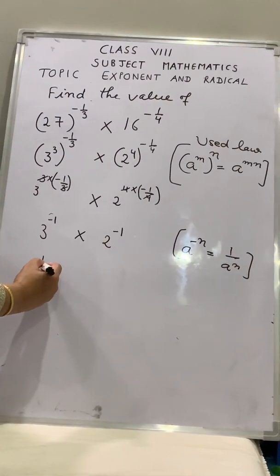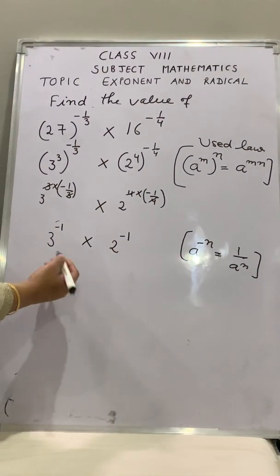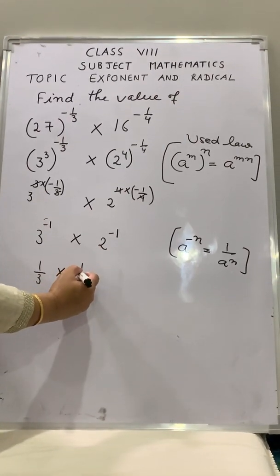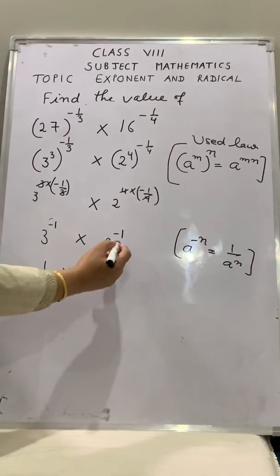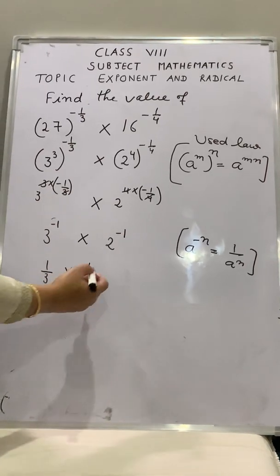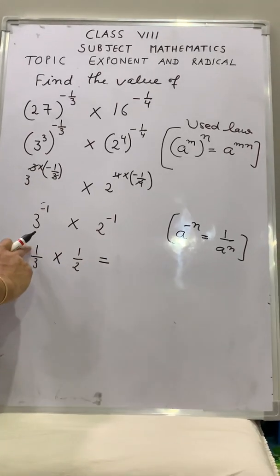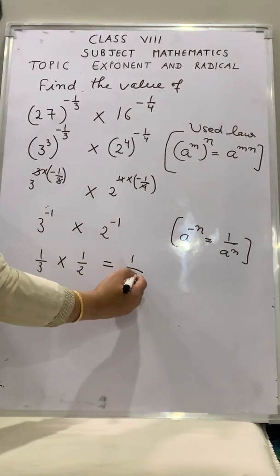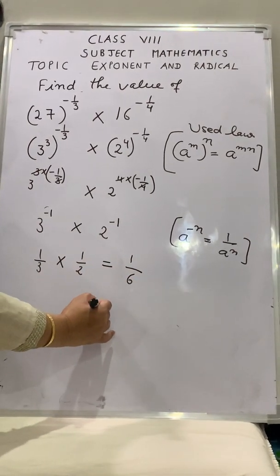Reciprocal of 3 is 1 by 3. Power is 1, no need to write. Reciprocal of 2 is 1 by 2. Power is 1, no need to write here. Now, numerator multiplied by numerator: 1 one is 1 and 3 twos are 6. Answer is 1 by 6.